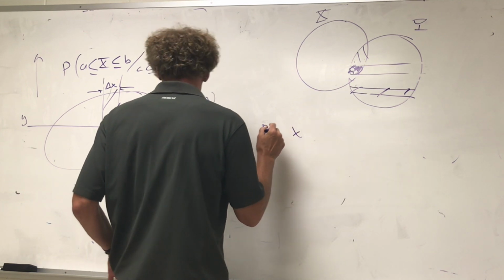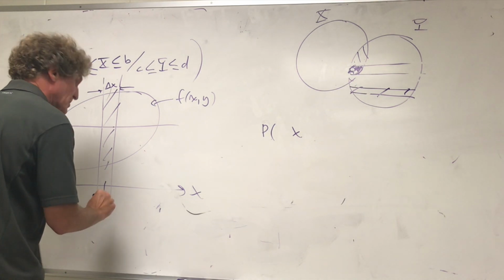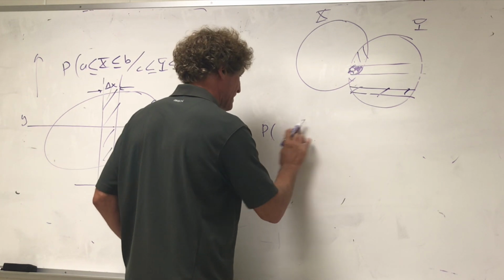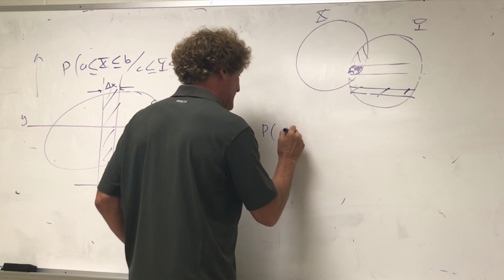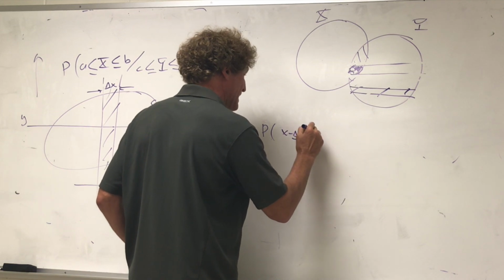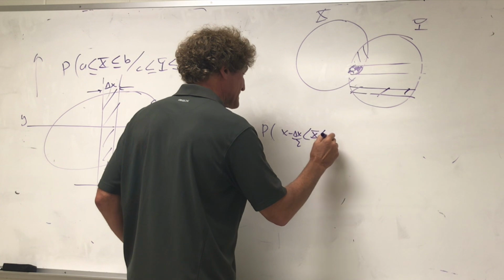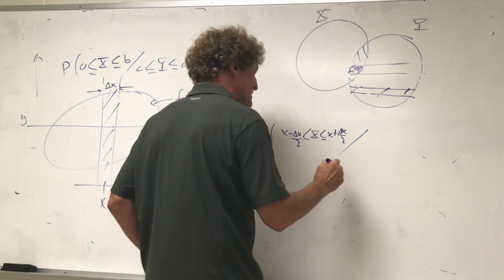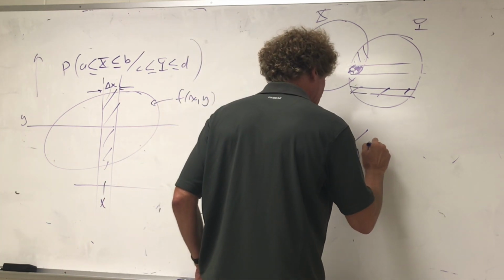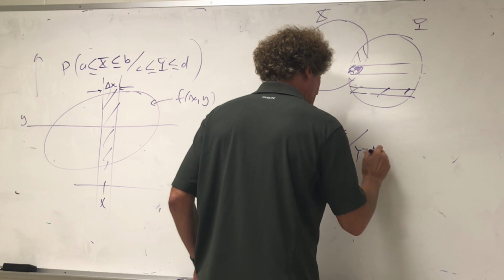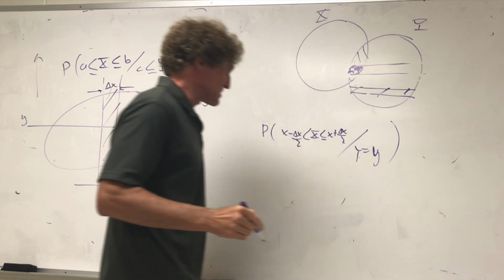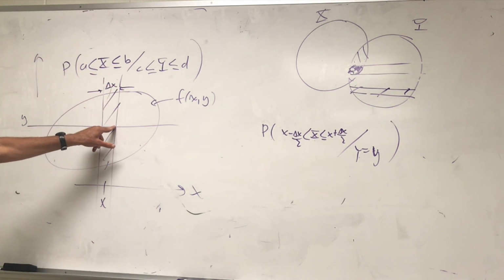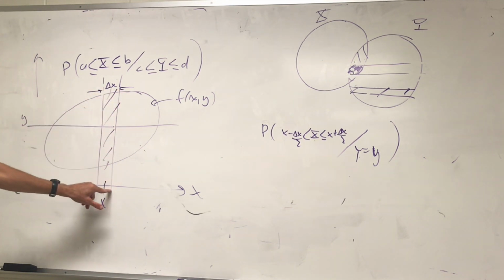I call this x here, so it'd be the probability of x minus delta x over 2 less than the random variable x, less than or equal to x plus delta x over 2, given that the random variable y equals y. All right, so I know this language isn't good, but I'm saying I want to know the probability, if this occurs, of this occurring, the density. You all with me, class?